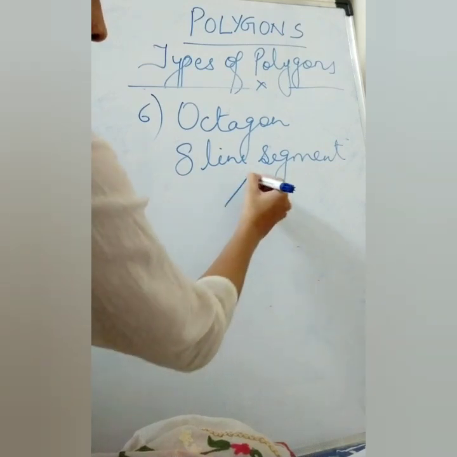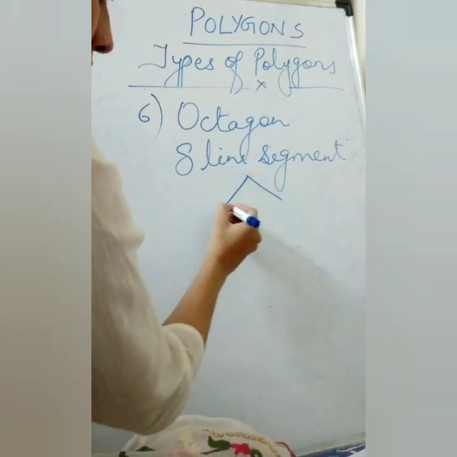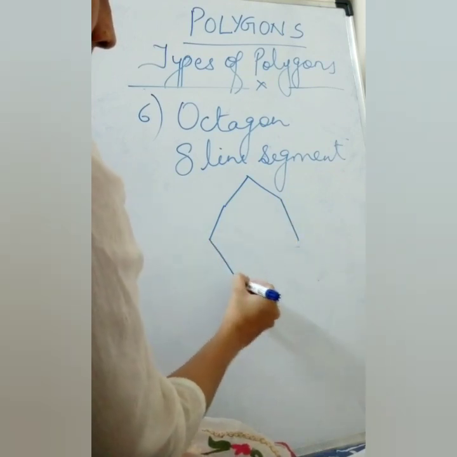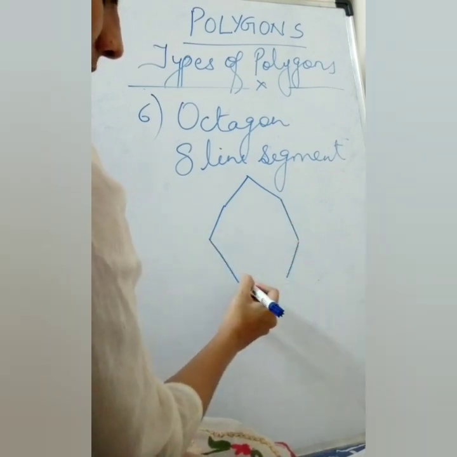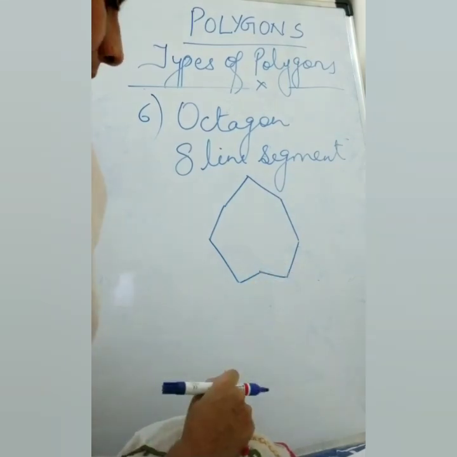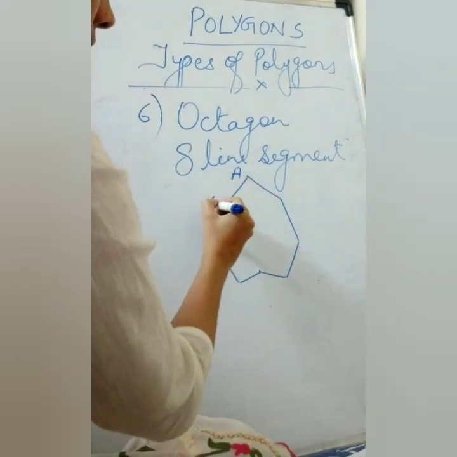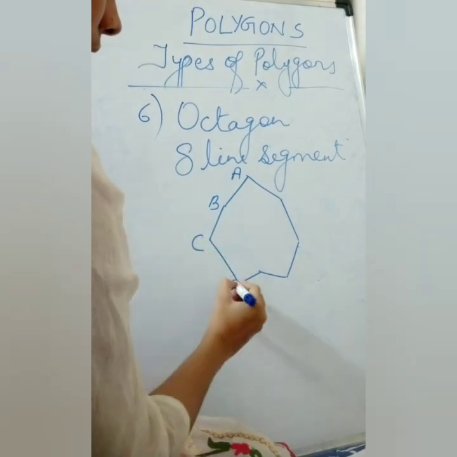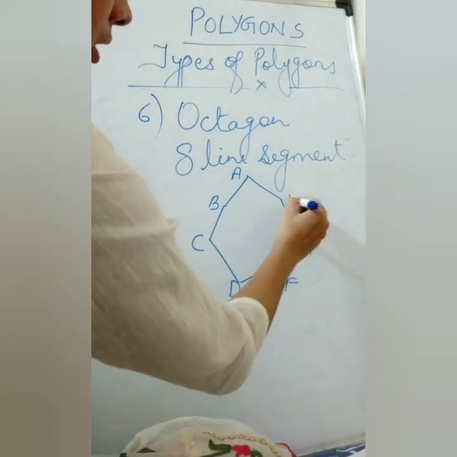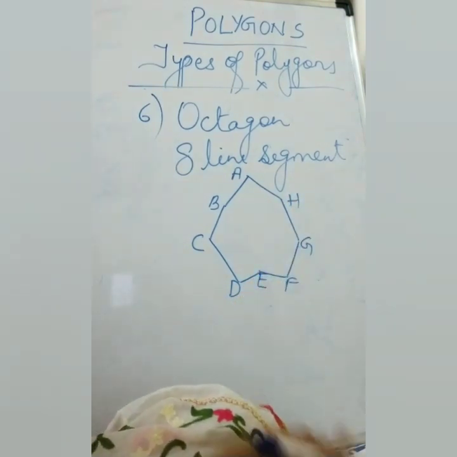Now 1, 2, 3, 4, 5, 6, 7, 8. So this is A, B, C, D, E, F, G, H.